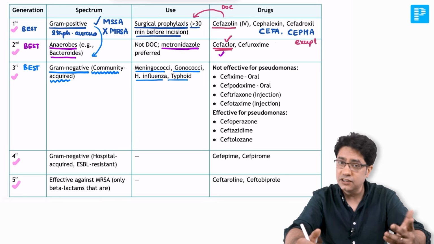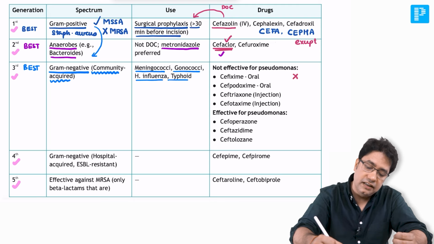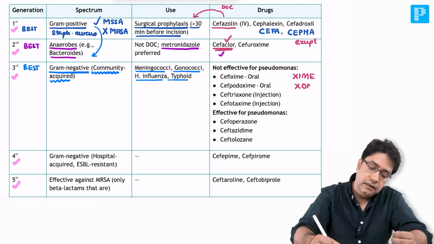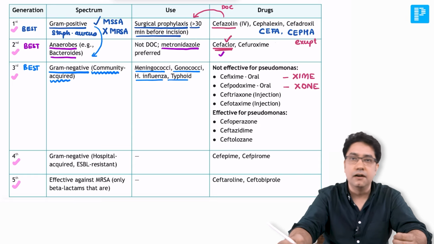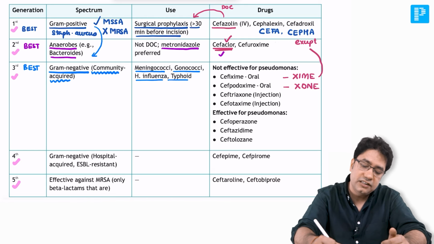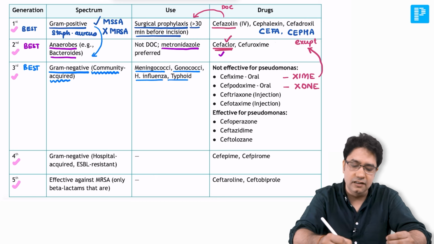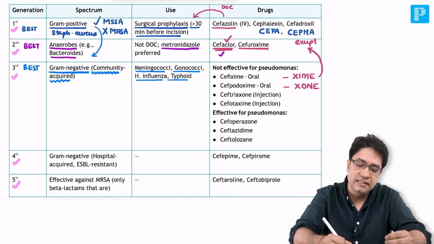Let's talk about how to remember their names. These drugs end with the word zime or zone. Zime and zone will come in third generation cephalosporins. Again, one exception is there, and that exception is in second generation. The answer is cefuroxime.